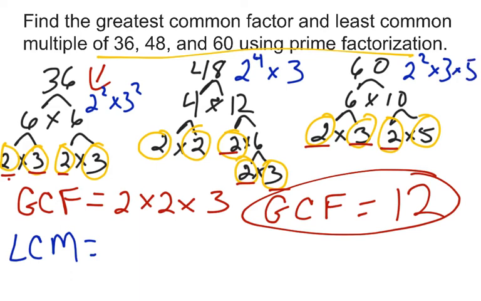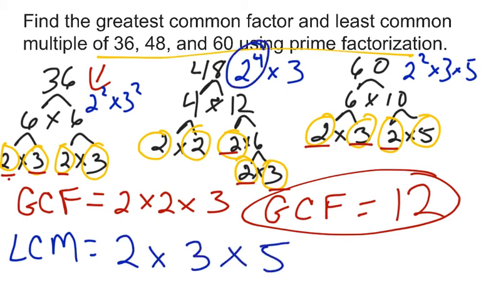So I need to focus on my highest exponents of my different numbers for least common multiple. So I have a 2, I have a 3, and I have a 5. My highest exponent for 2 is 2 to the 4th power.